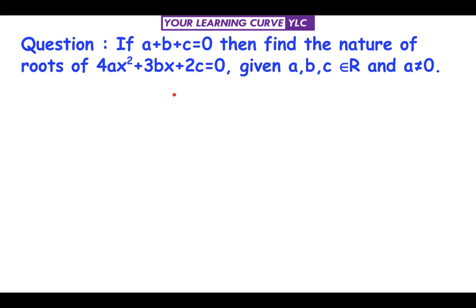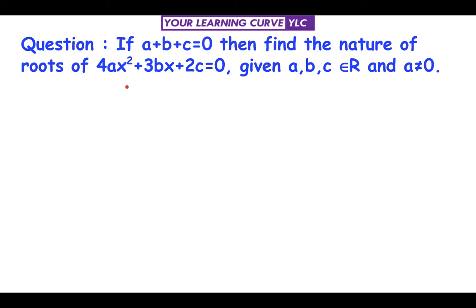So, first, if you want to try it, you can pause the video, try the question and then look at the solution. Let us analyze the question first. If we need to predict the roots of the equation, then what we do? We need to predict the nature of its discriminant. How is this discriminant behaving?